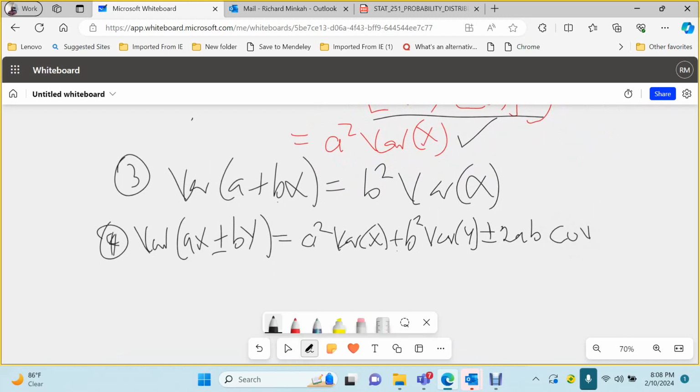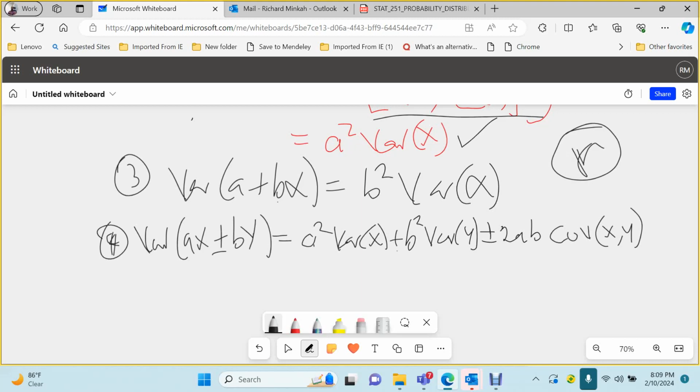Do you remember covariance? You know the Spearman correlation coefficient. How do you find it?